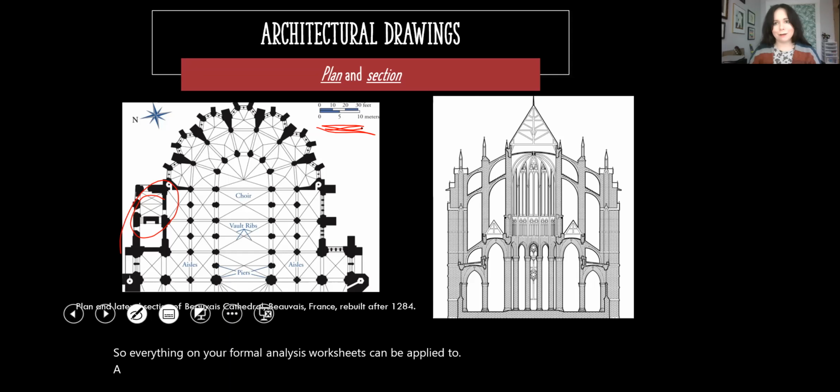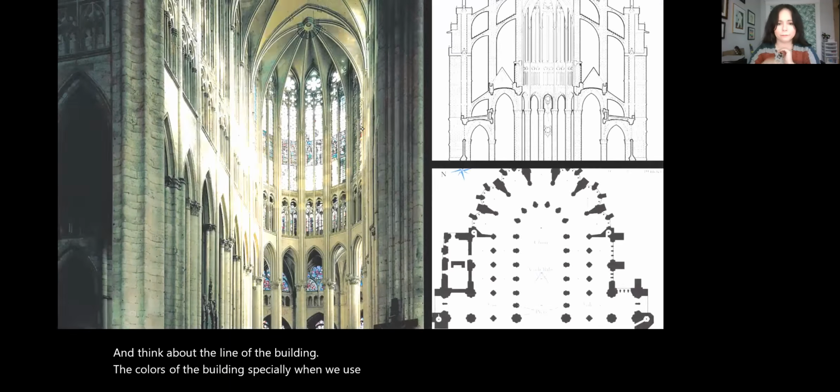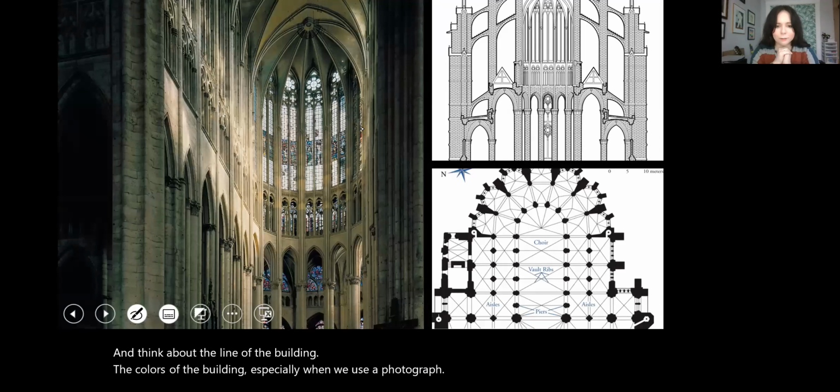All you have to do is think about it in very basic terms: shapes, directions, horizontal, vertical, and think about the line of the building, the colors of the building, especially when we use a photograph. That includes the stained glass windows. What kind of light? We're talking color there. Materials and techniques, of course, are at use. Stone masonry, stained glass.